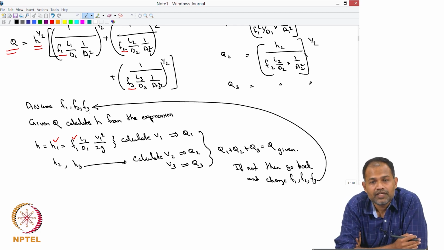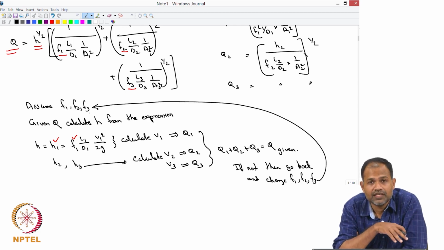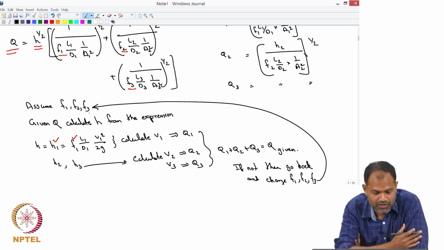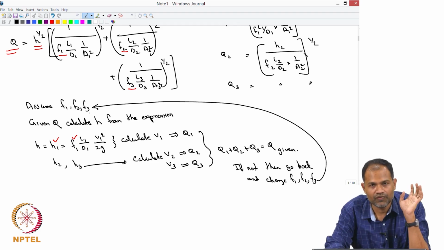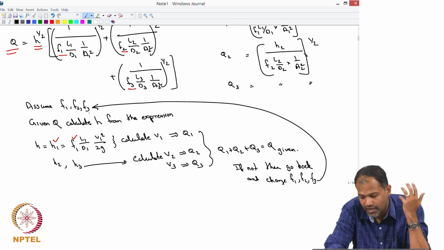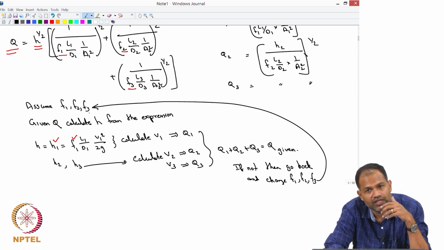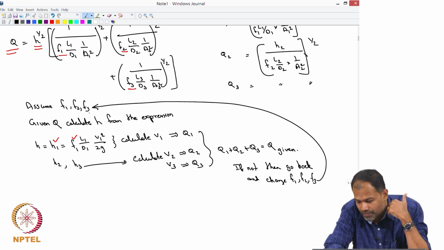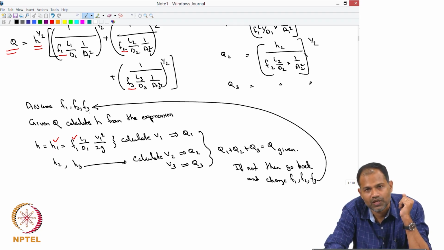So, this is an iterative procedure, and this iterative procedure needs to be done because there is no other way to solve these expressions. So, you can start by assuming F1, F2, F3, then given the Q, you can calculate an H from that, and then you can calculate V1, V2, V3 and see whether the V1, V2, V3 that you get is balancing your constraint Q1 plus Q2 plus Q3 equal to Q.